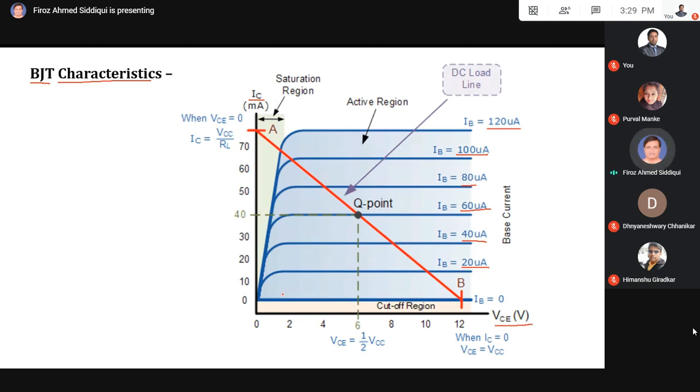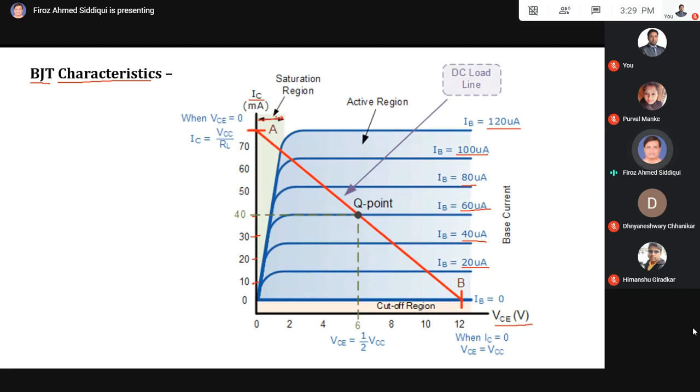As the collector current keeps increasing, the collector current is 10 milliampere, 20 milliampere, 30 milliampere, 40 milliampere and so on. So this region is called the saturation region.